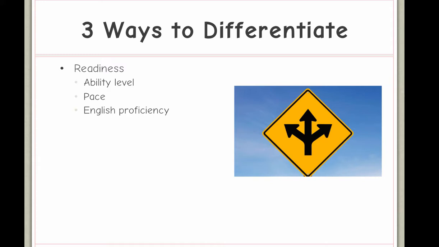So we understand that students are not at the same starting point in their ability, in their knowledge or skill level, or in how quickly they learn. So we will adapt based on students' levels. You might actually group students based on their readiness levels, but not always, which we'll get back to a little bit later.